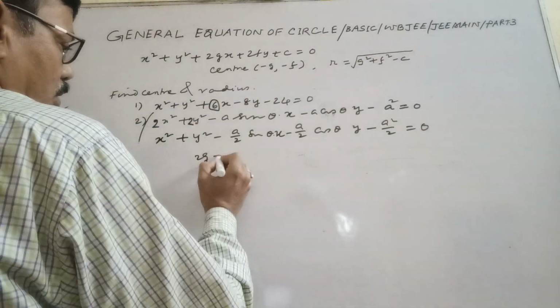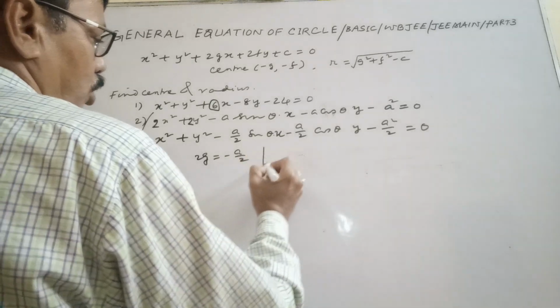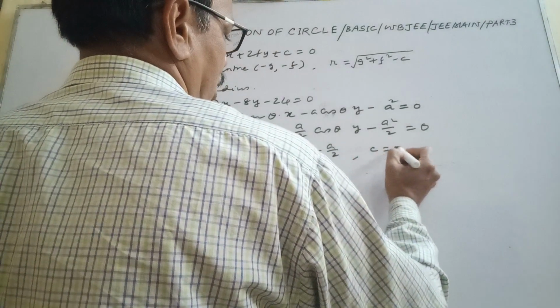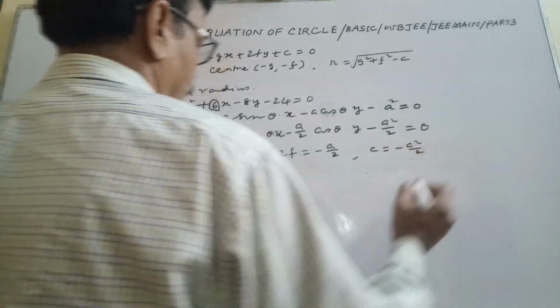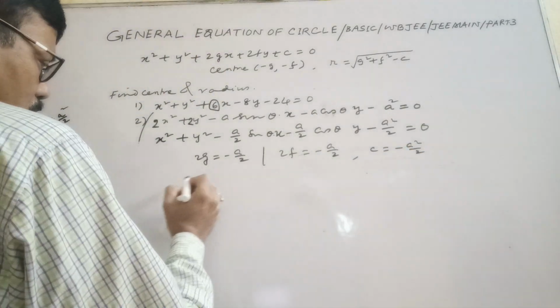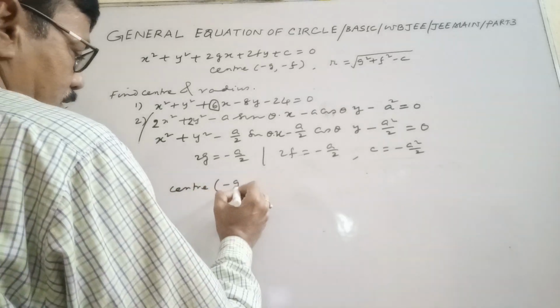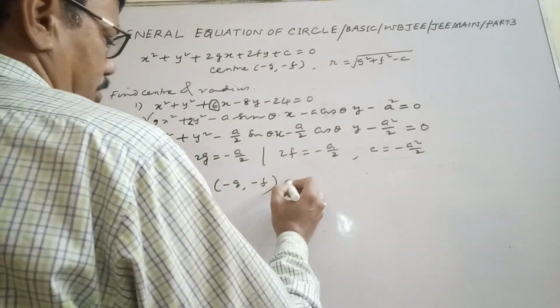Therefore 2g equals to minus a by 2 sin theta, 2f equals to minus a by 2 cos theta, and c equals to minus a square by 2. So center is minus g, minus f.